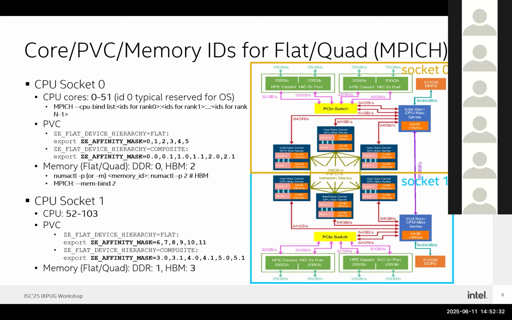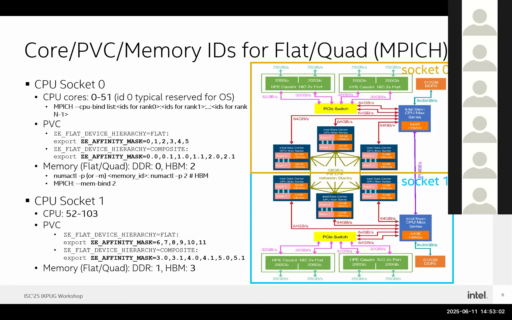And in flat mode, each tile is a separate device. So there are 6 tiles on the top portion, and the IDs go from 0 to 5. And the bottom set of tiles go from 6 to 11. So if you use flat mode, that's how you label them, and then you can set your mask to select one of those tiles.